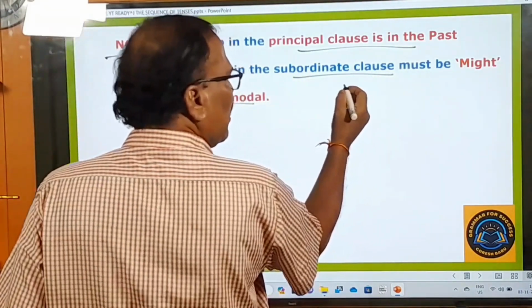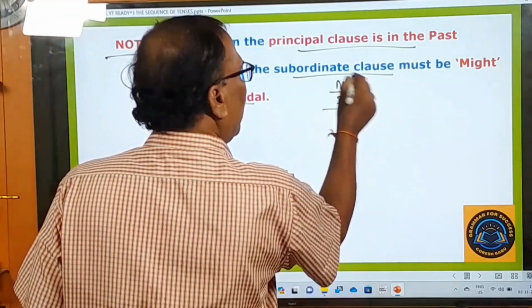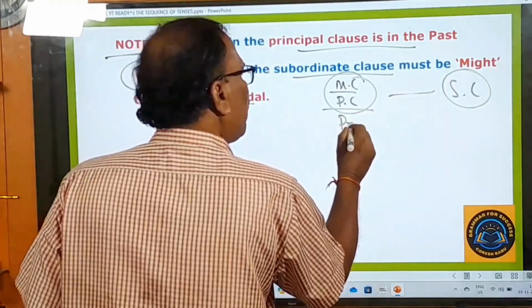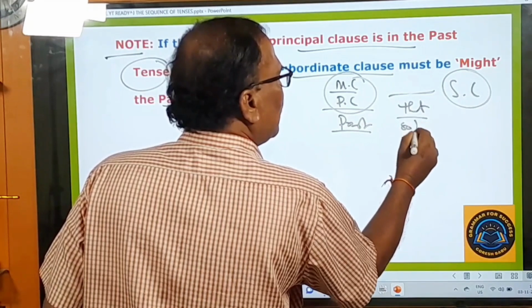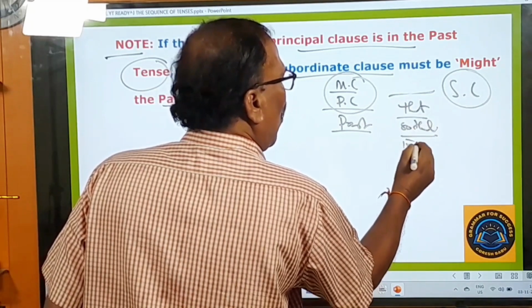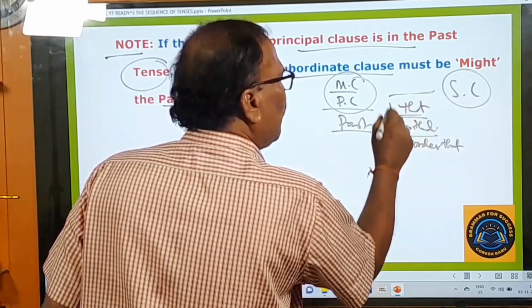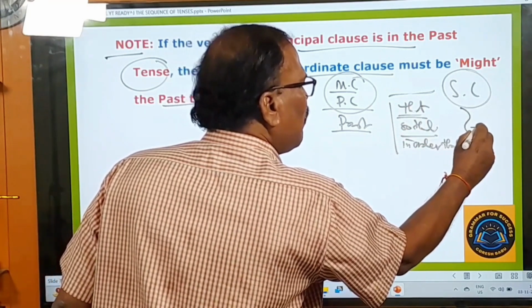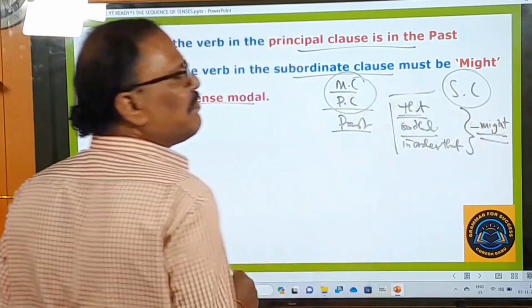That means here I'll give you a diagram. Main clause or principal clause, this is there, and subordinate clause, this is there. And whenever there is past tense, after that, so that, and in order that, in the subordinate clause beginning with them, there must be might, the past tense modal.